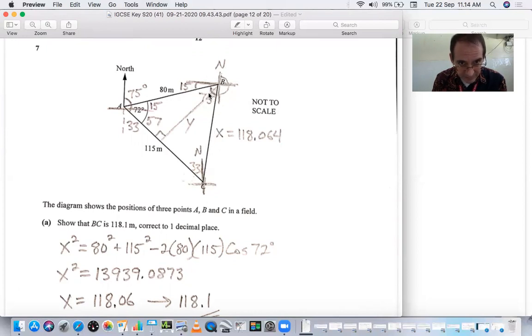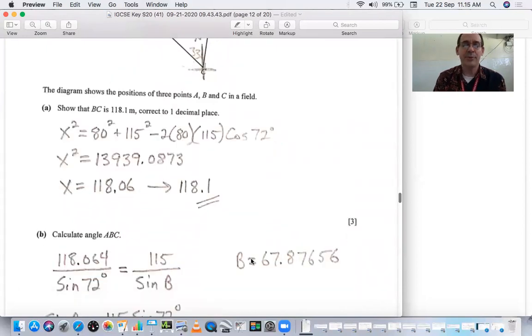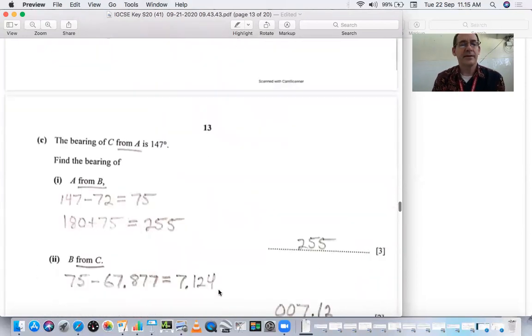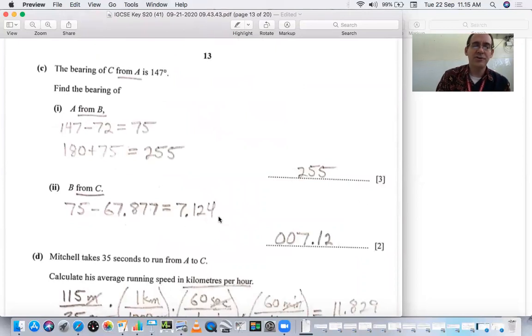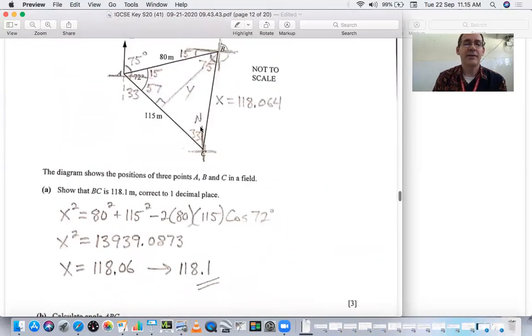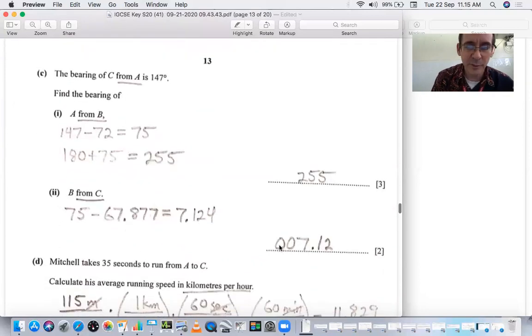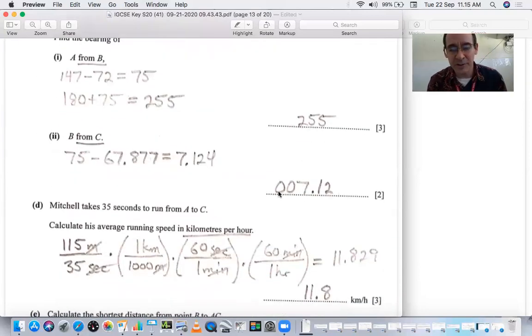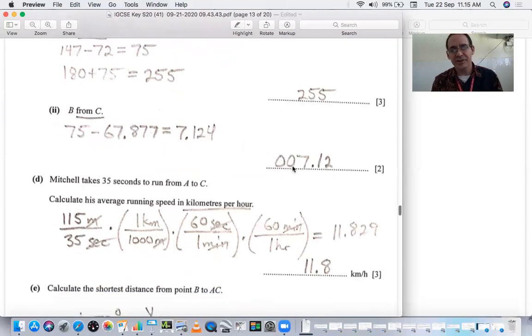So the 75 minus the 67.87 gives us 7.12, and so that is our bearing from C going north. I didn't draw it in, but from north, just this little bit over here to face B, is only 7. Remember, with bearings, technically they're supposed to be 3 number values, so it should be 007, and then 0.12 are the decimals.